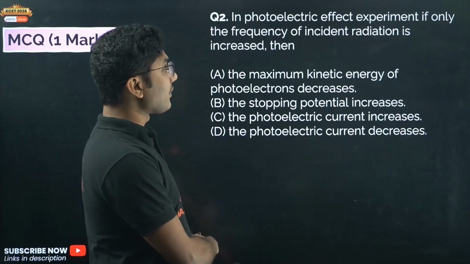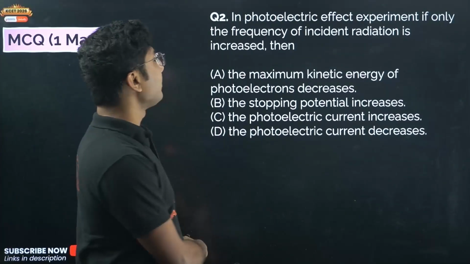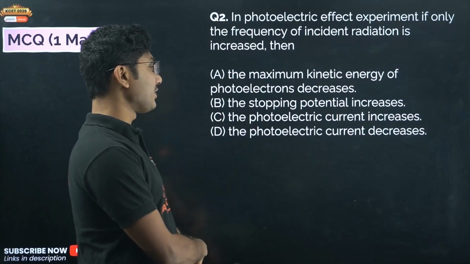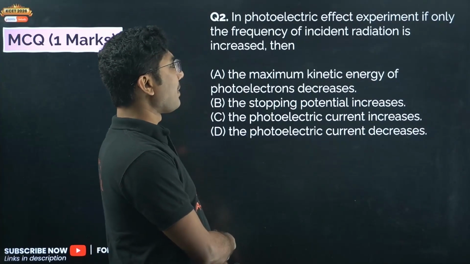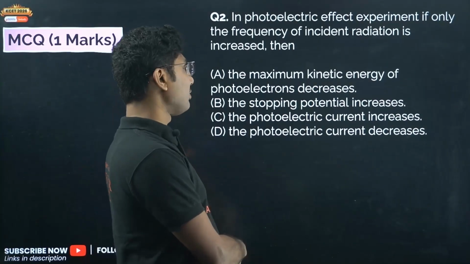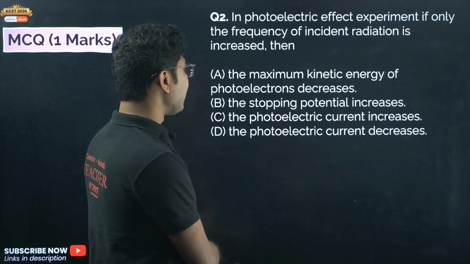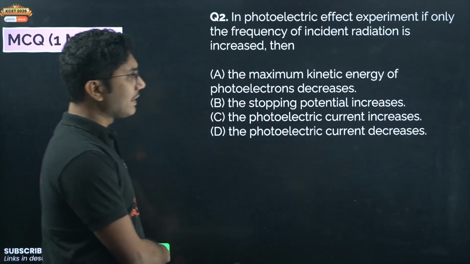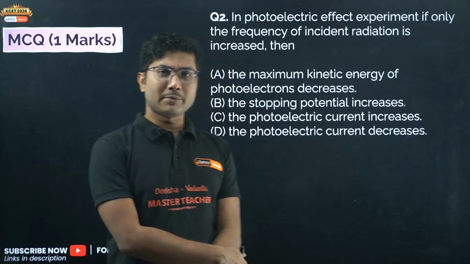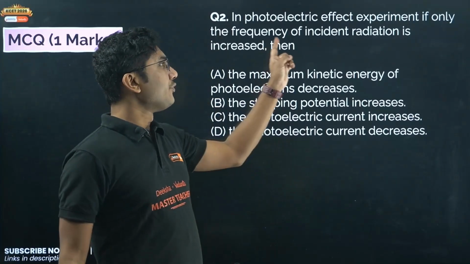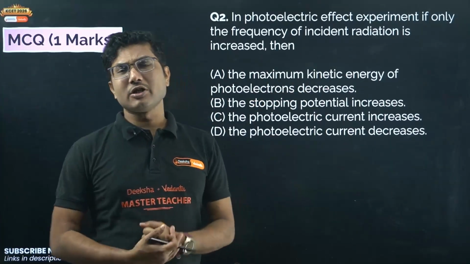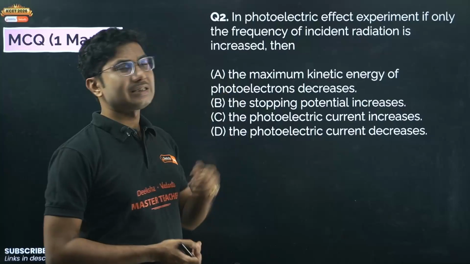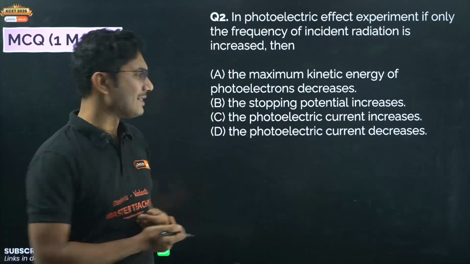In photoelectric effect experiment, if only the frequency of incident radiation is increased, then: the maximum kinetic energy of the photoelectron decreases, the stopping potential increases, the photoelectric current increases, or the photoelectric current decreases. Now here you have to remember one thing: if you increase the frequency of the incident radiation, the maximum kinetic energy will increase, right?